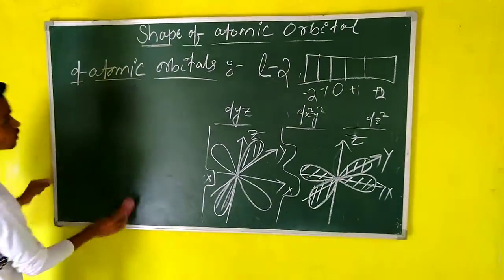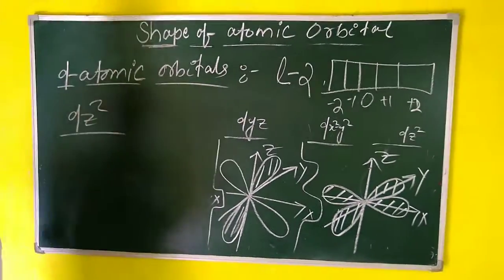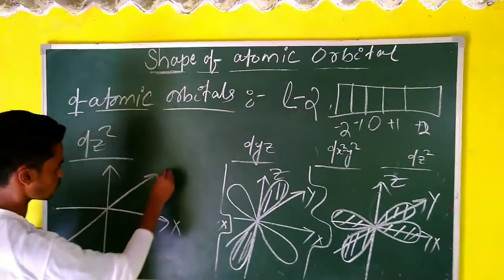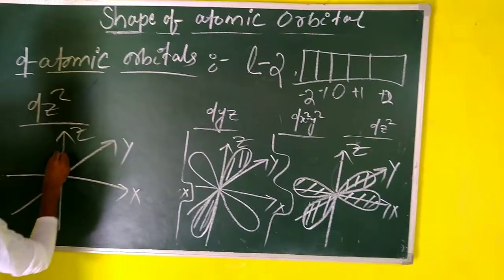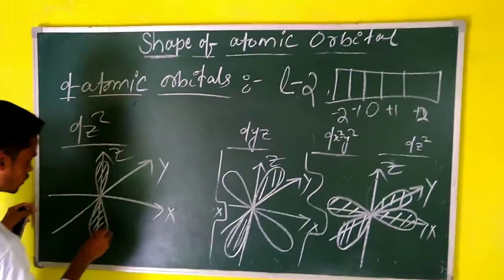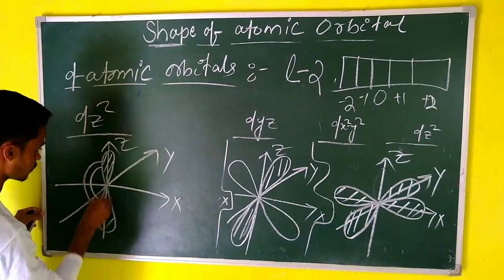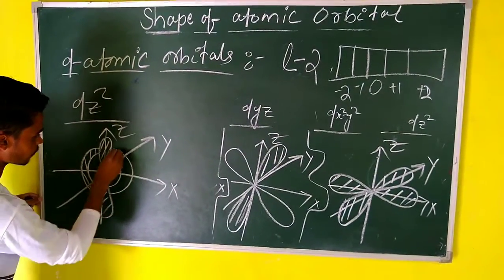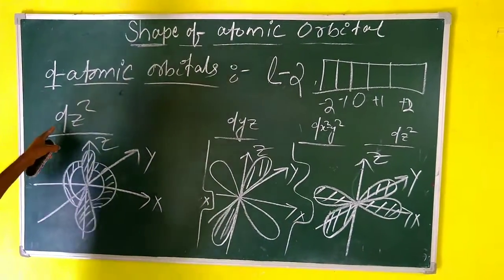Something different from these 4. Students, along the z axis one dumbbell shape is present, and another half circle on the left side and another half circle on the right side. This is different from these four. This is the shape of dz square.